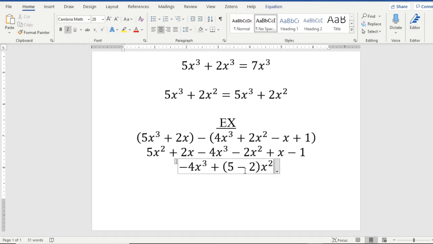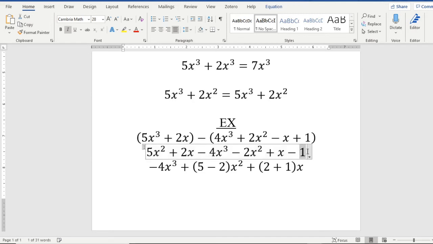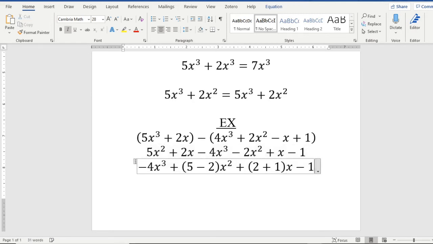Okay. Now we go to the x's. Well, I have a 2 and a 1, so that's plus 2 plus 1 x. Then I have no 1 without the x, but that 1, so it just gets tacked on the end.